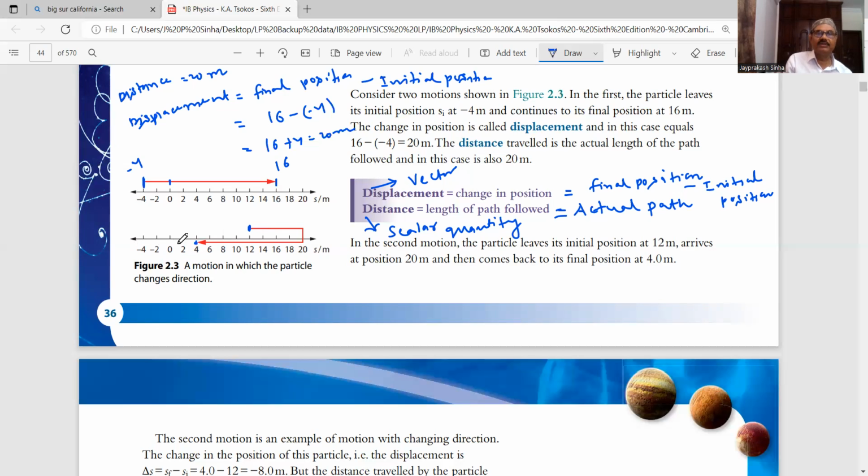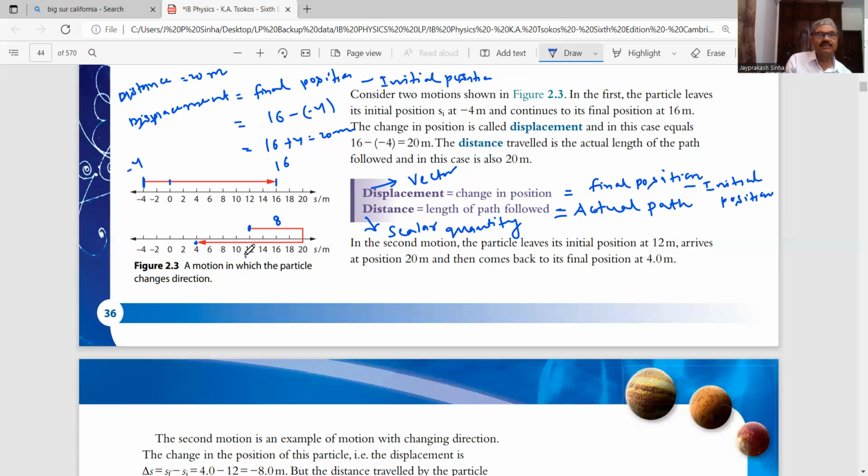But because distance is a scalar quantity, we do not bother about the direction part or sign part, negative or positive. So what is the actual path the body has traveled? This is 20 minus 12, which is 8, and this is 4 minus 20, that is minus 16. We are concerned only about the magnitude.